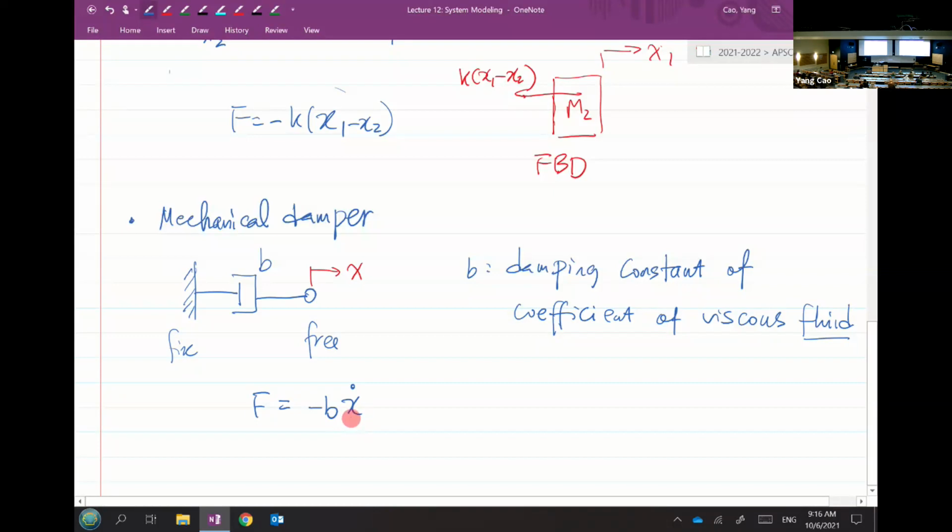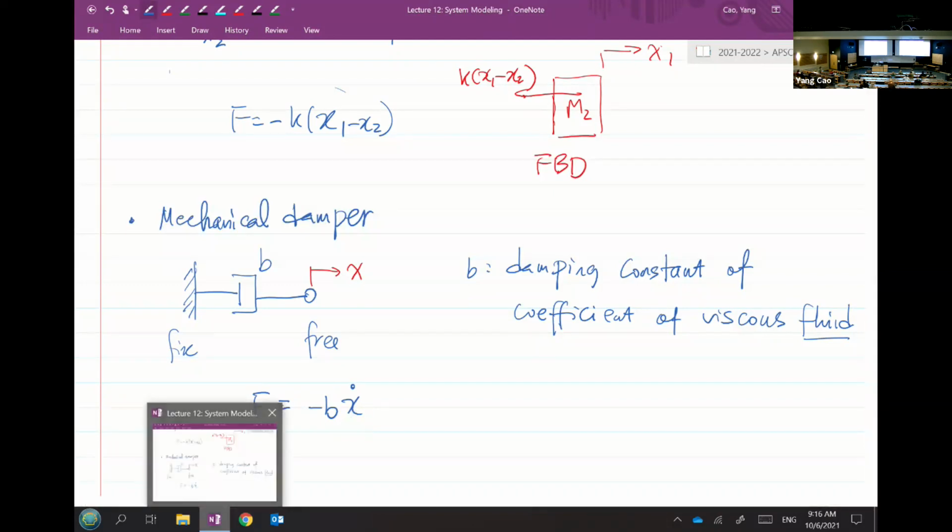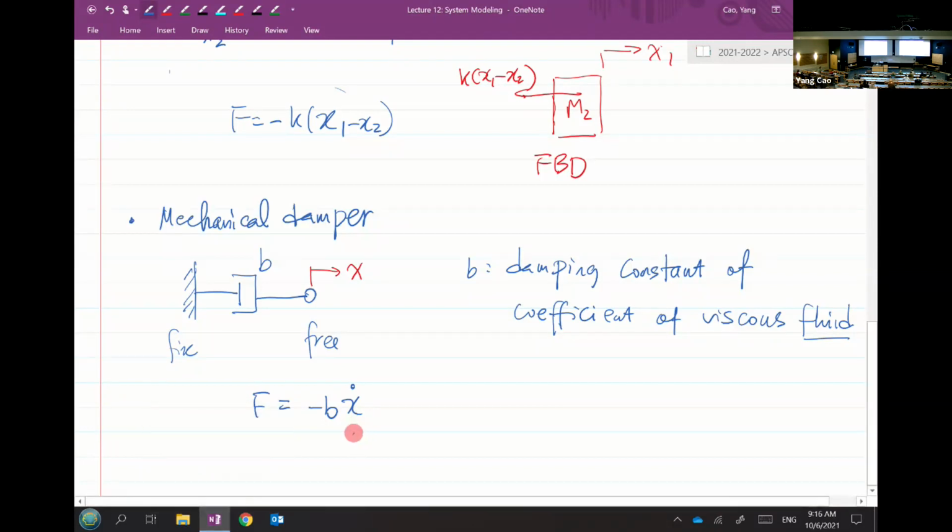So how fast you're pulling it gives you a higher value of the restoring force. So that's the nature of the mechanical damper.